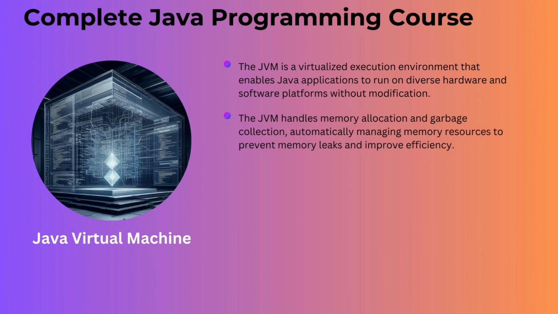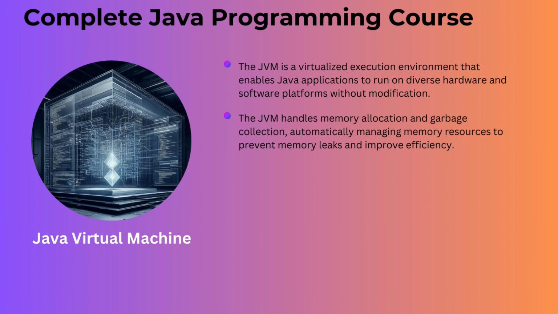Now the JVM handles memory allocation and garbage collection, automatically managing memory resources to prevent memory leaks and improve efficiency. Now this is a major topic. When you write a program, it takes space in the computer memory. When we talk about objects and references, we'll see how garbage collection really works. So just hold on a bit for that.